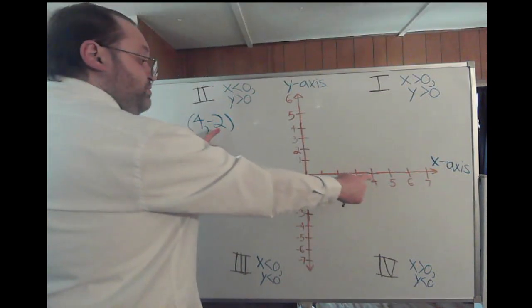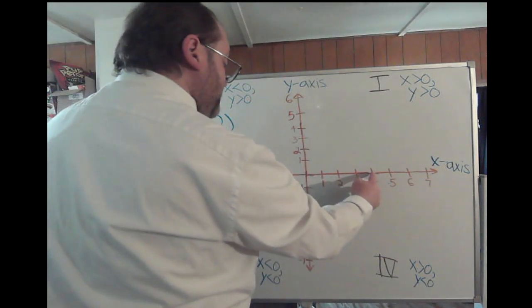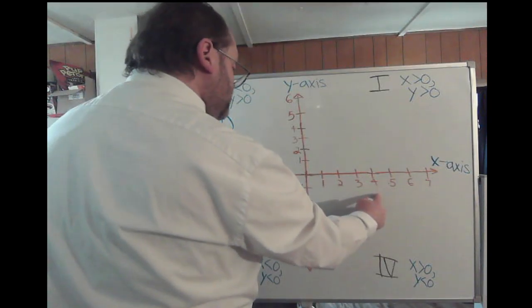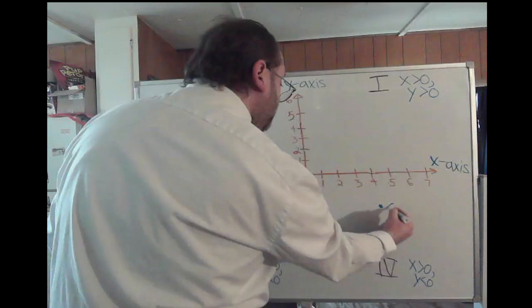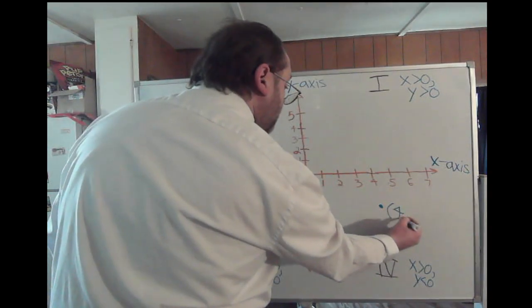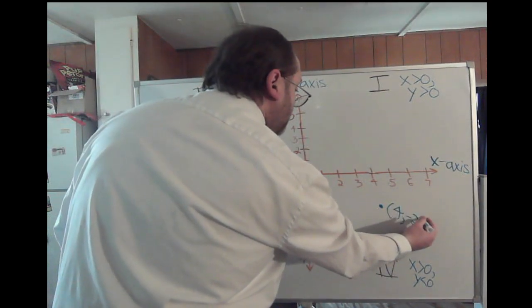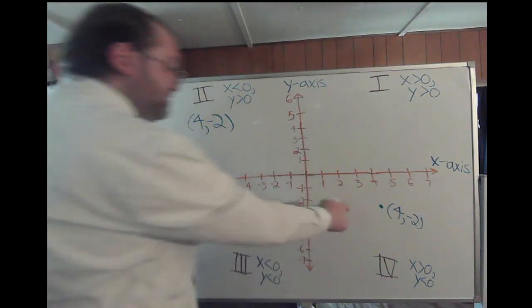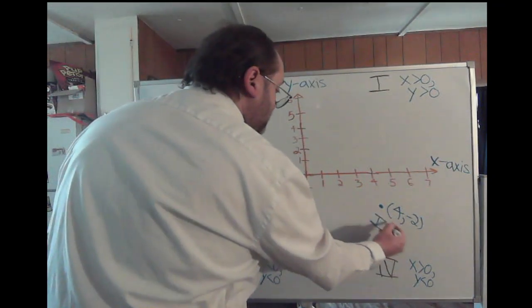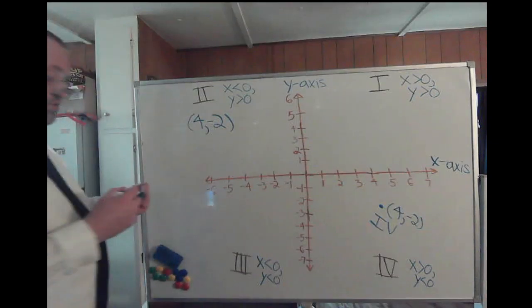Then you'll go down 2 from there. 1, 2. So it looks like your point here is (4, -2). What quadrant does it lie in? Well, this is the fourth quadrant, so your answer is the fourth quadrant.